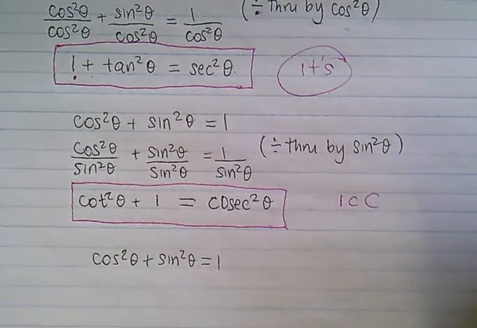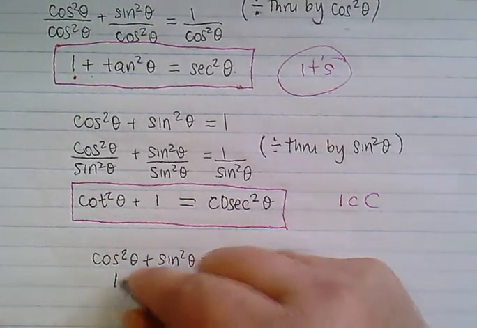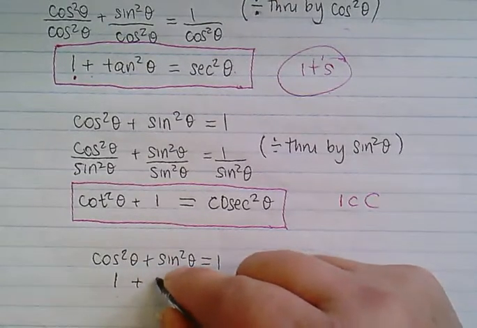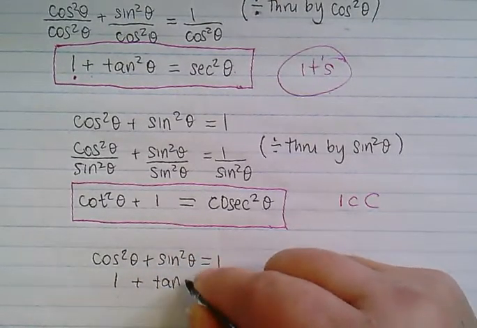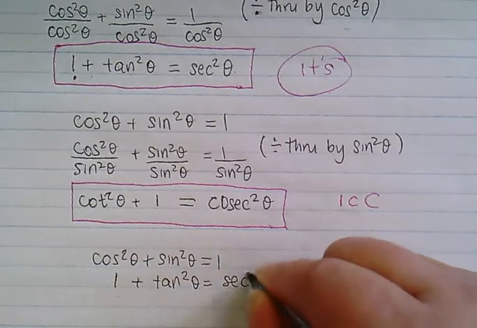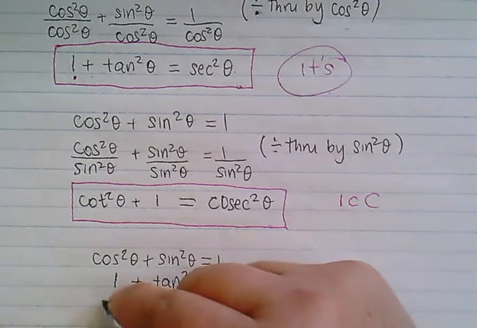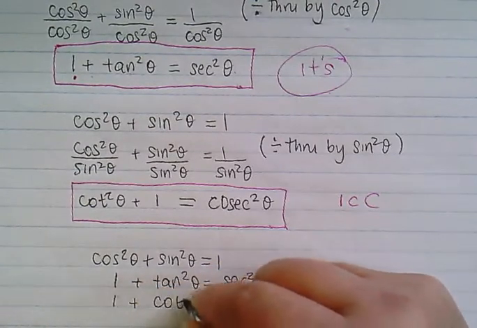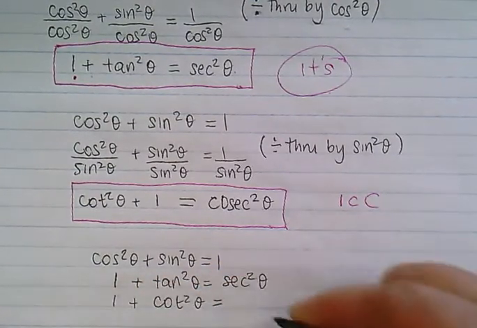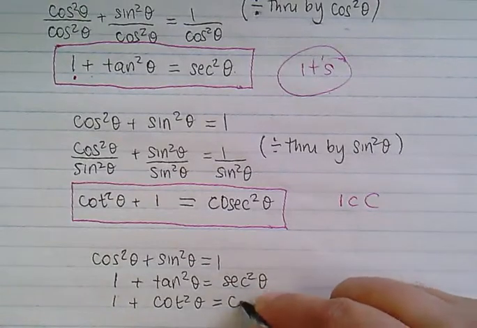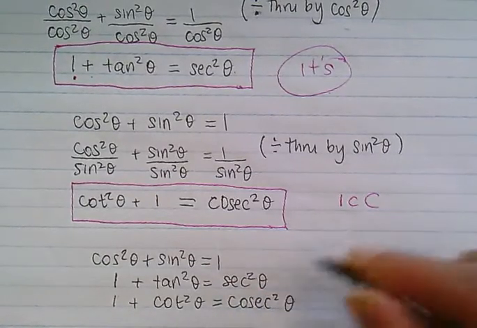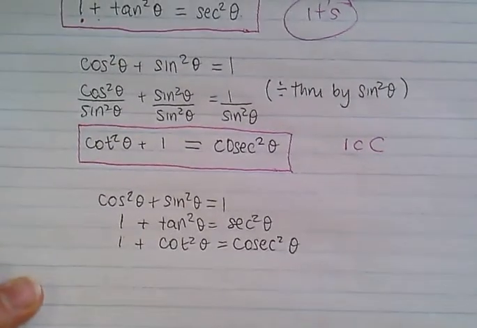Then dividing through by cos, I've got 1 plus, sine on cos is tan, 1 plus tan squared theta is sec squared theta. And dividing by sine, I like to write it as 1 plus cot squared theta, even though it's out of order. It should be cot squared theta plus 1 is cosec squared theta. So they're the 3 identities.